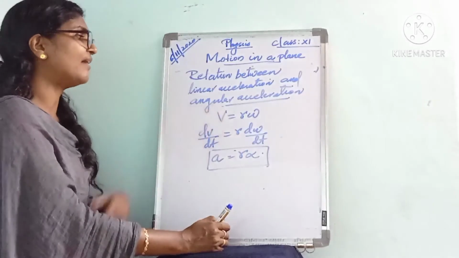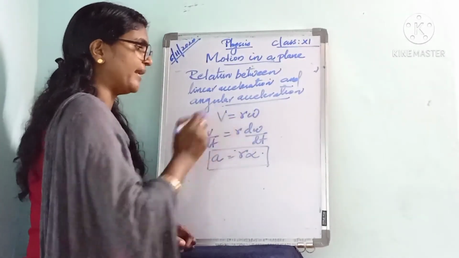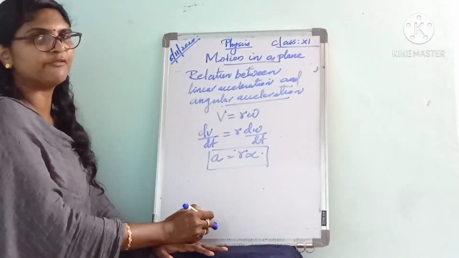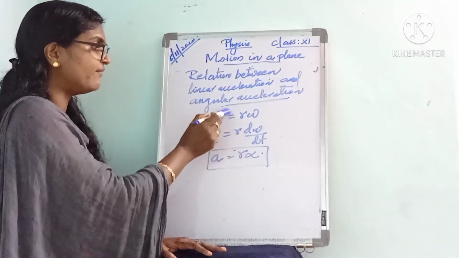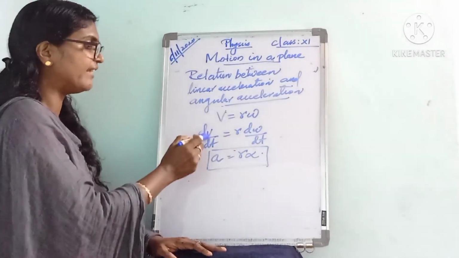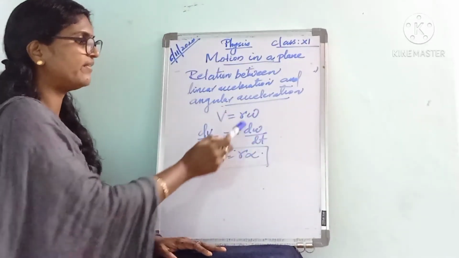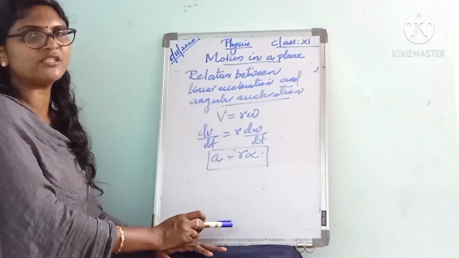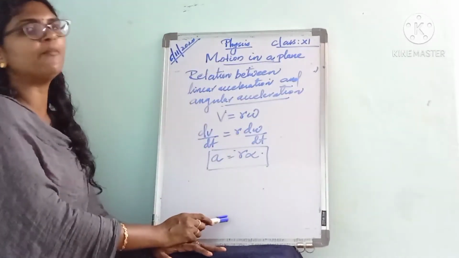Here we have the relation for linear velocity, v is equal to r omega. Then we differentiate both sides with respect to time dt. Differentiating v, we get dv by dt, which is equal to r into d omega by dt.